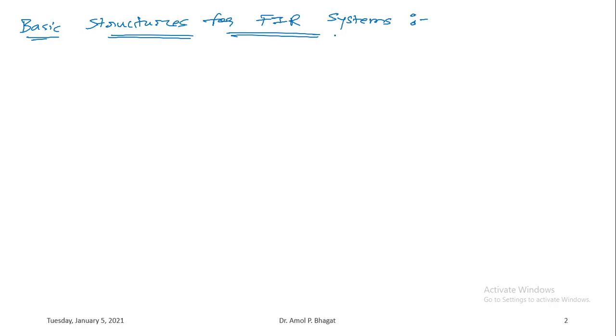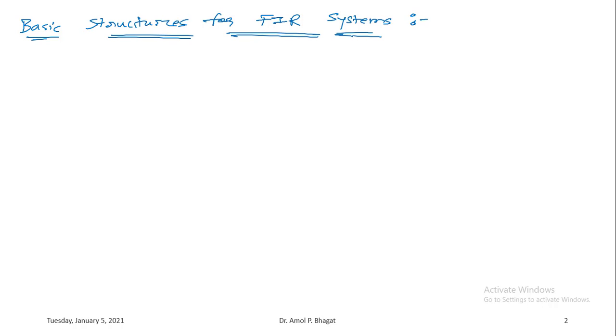So the basic structures for finite impulse response systems can be obtained by using the transfer function or the system function.